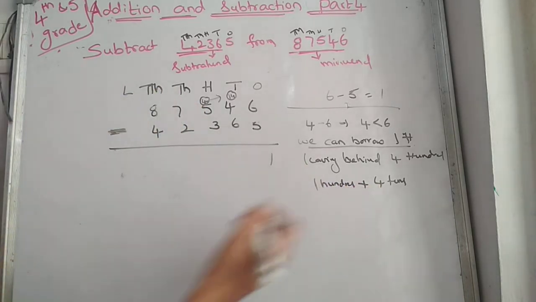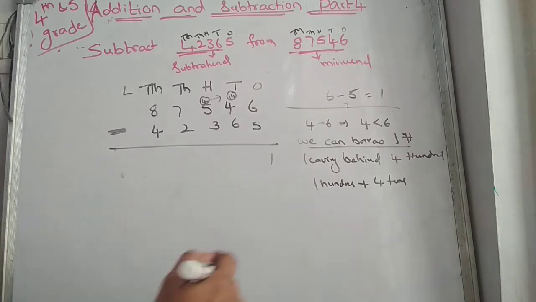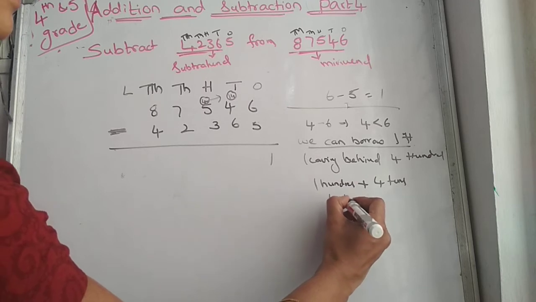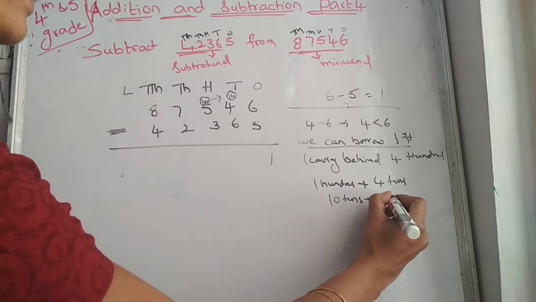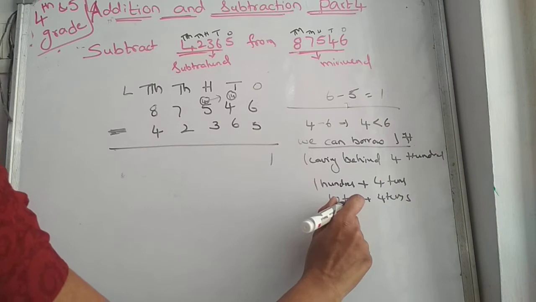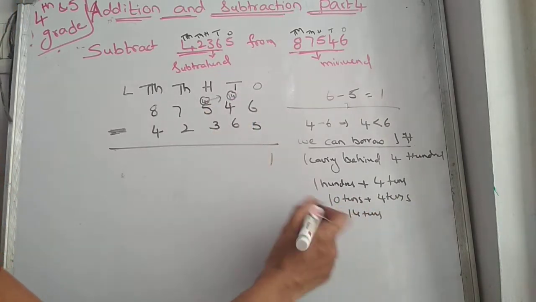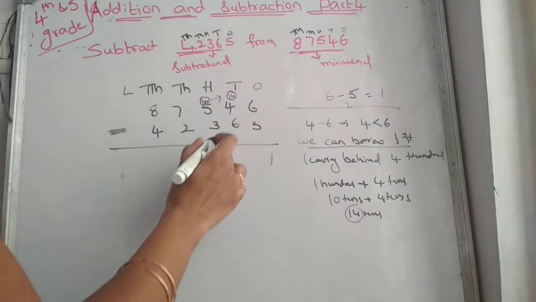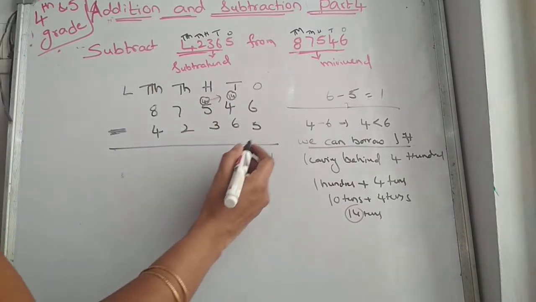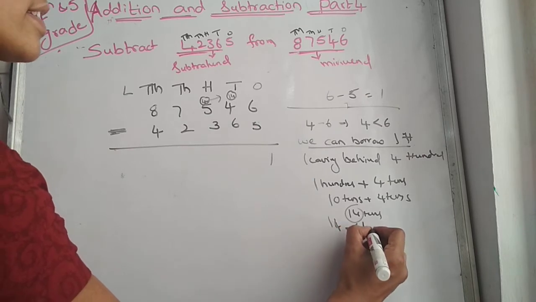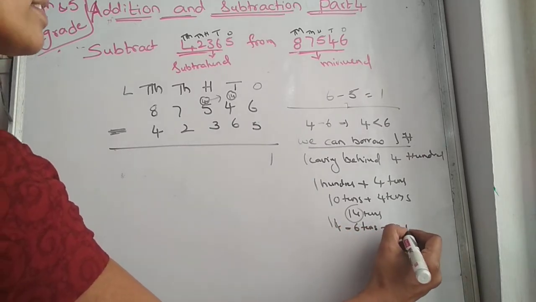So 100 plus 4 tens means 10 tens plus 4 tens, which is 14 tens. Now 14 tens minus 6 tens equals 8 tens.